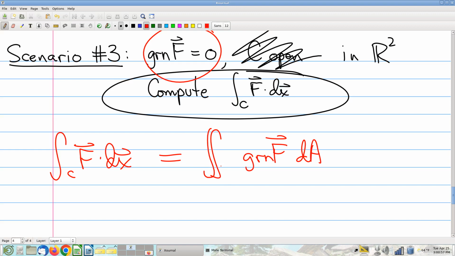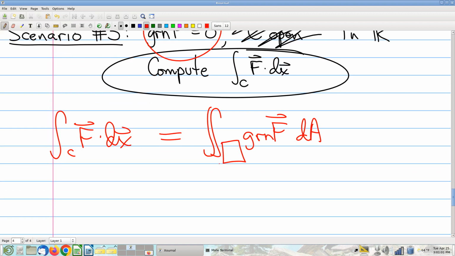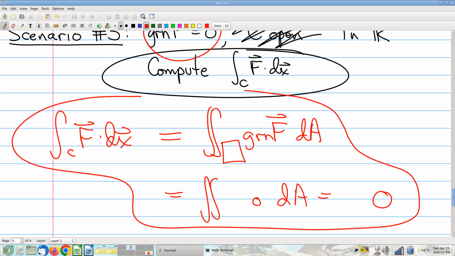Note conspicuously absent is what the domain is. And of course, having computed Green's operator as 0, they again quickly, conveniently seem to have concluded that the integral is 0. And again, this is all wrong, all the same reasons. There is no domain here.